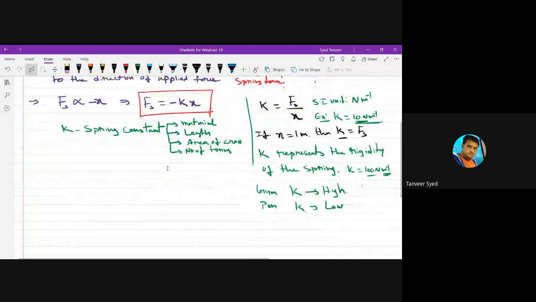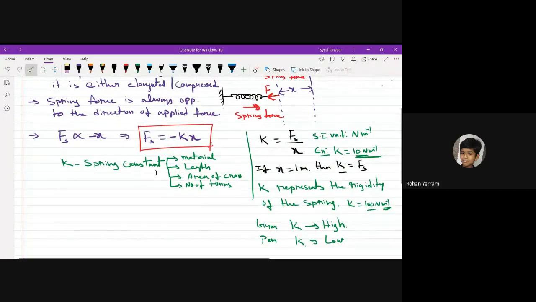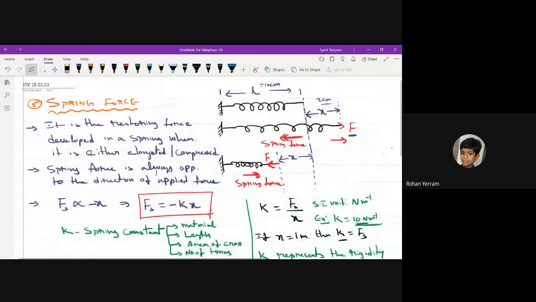Sir, I did not understand how Fs is proportional to minus x, sir. The greater the stretch that you are bringing in the spring, the quicker it will go back. That means if you are pulling it more, the spring is pulling itself back more.